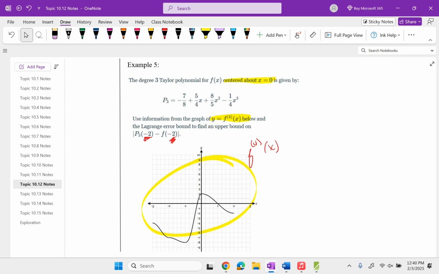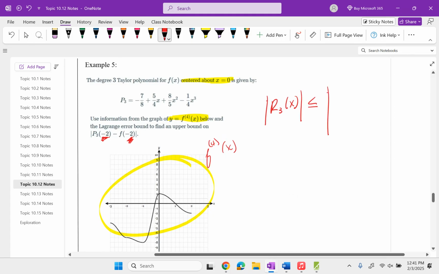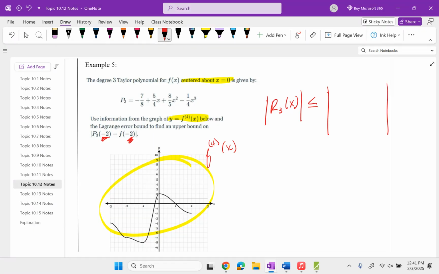So the way we do this is we're just going to use our formula here. So the remainder that we've been using all along, R sub 3 of x, is less than or equal to the absolute value. Okay, so what is the x value that we're looking at? -2.